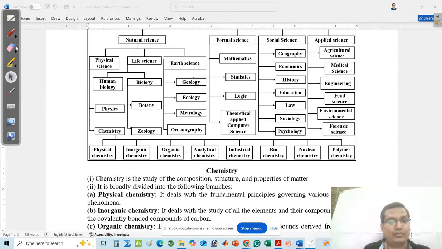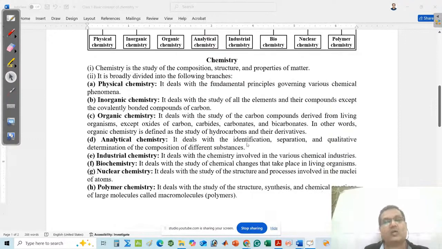Next, I will move to another question. The other question was, what is chemistry? Before going to the word chemistry, look at that. Here some words are present. One is matter, another is composition, next is structure, next is properties. You know very well what is matter from your 8th, 9th, 10th class.